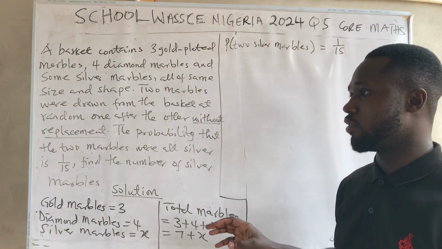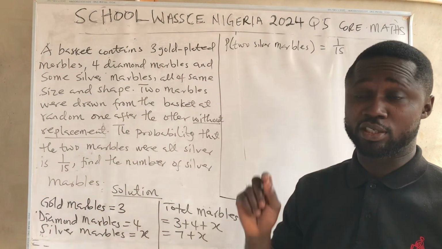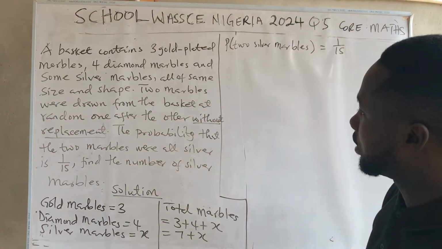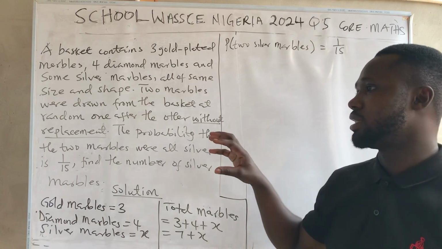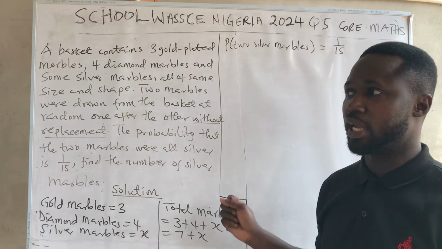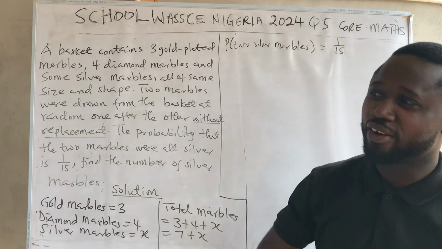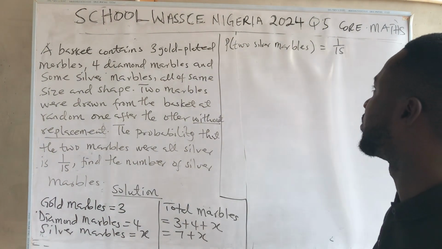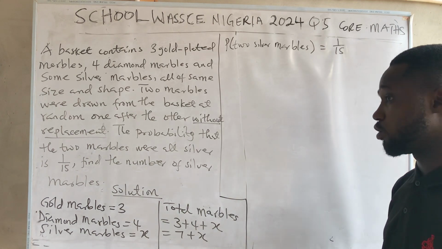So when you are drawing, the probability that the first will be silver and the second will also be silver is 1/15. The question also says without replacement. It means that when the first silver was drawn, we didn't replace it, we didn't put it back, and then drew another one, and then the probability gave us 1/15. All right, so the probability of 2 silver marbles is 1 out of 15.